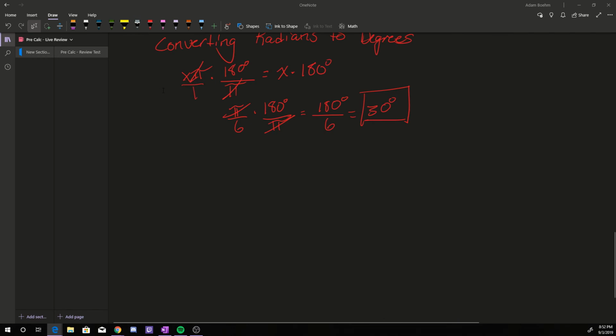Alright, I will do 14 because we haven't done that yet on the actual practice test that I gave you. Number 14 gives you a triangle that looks like that.